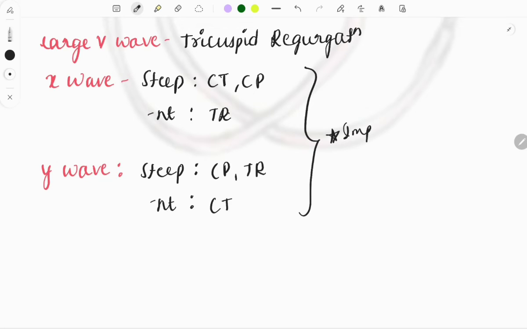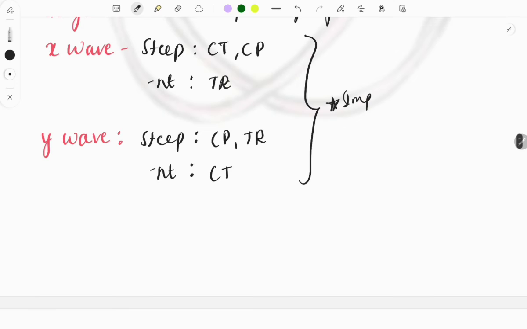CT stands for cardiac tamponade and CP stands for constrictive pericarditis. The X wave is absent in tricuspid regurgitation. Then the Y wave. The Y wave is steep in constrictive pericarditis and tricuspid regurgitation, and it is absent in cardiac tamponade.